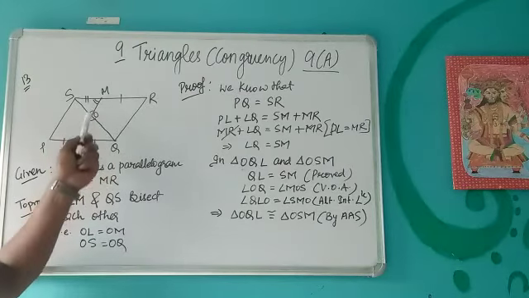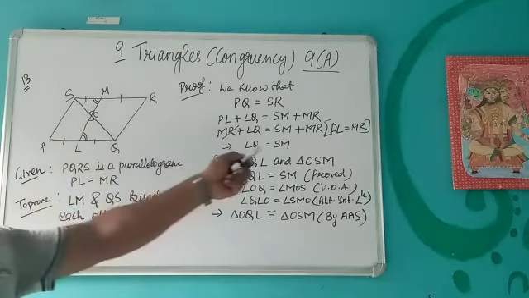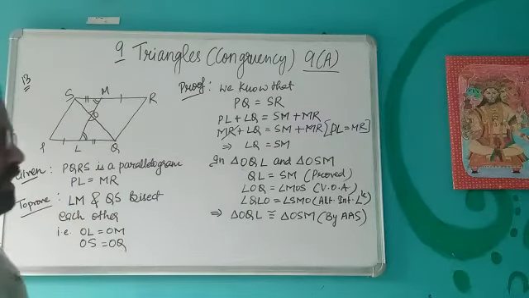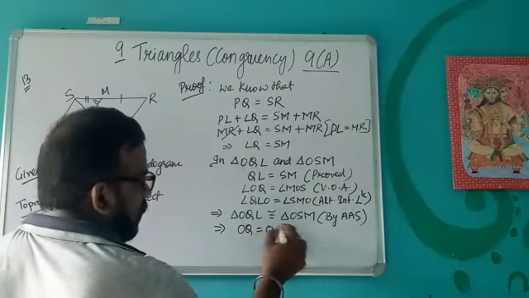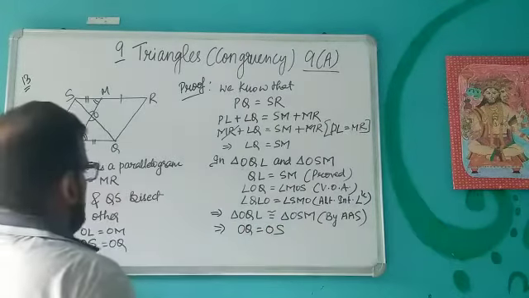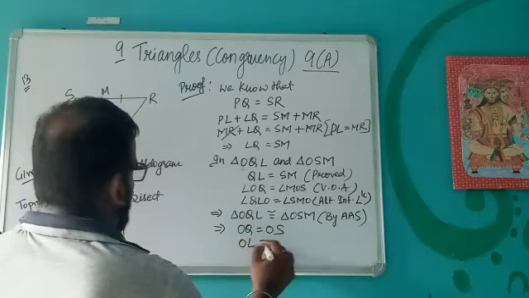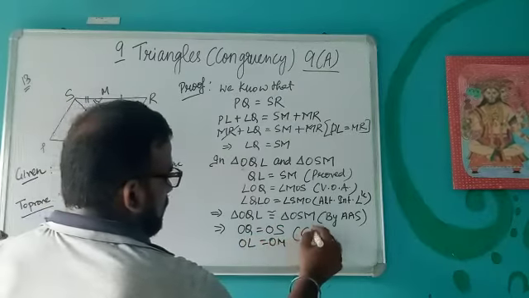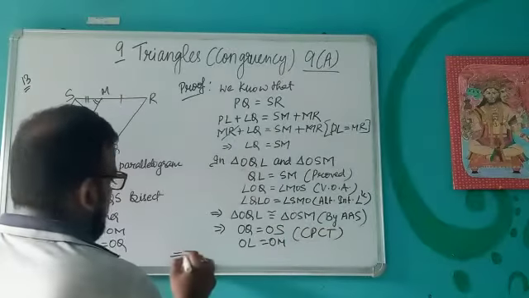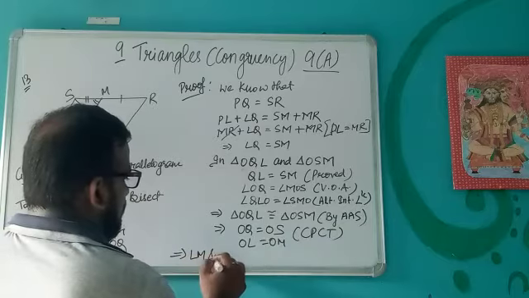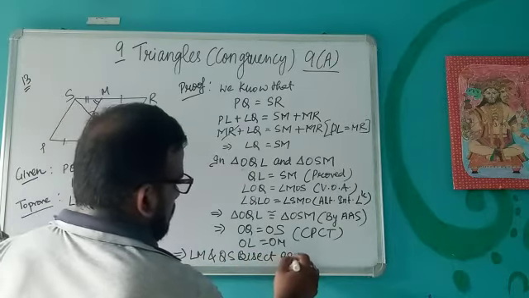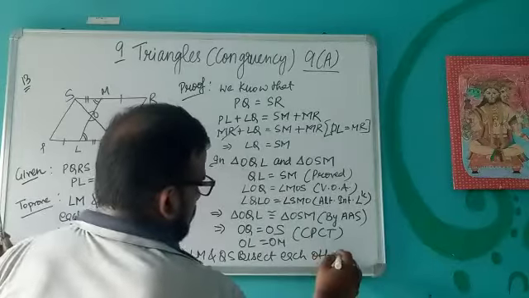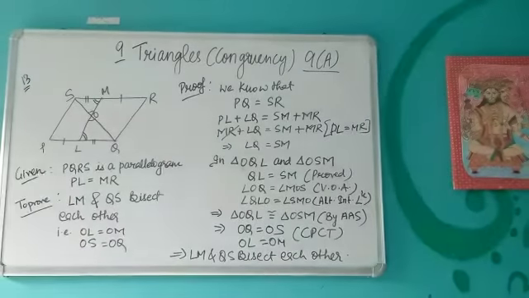These two are vertically opposite and these two we have proved as equal. So these two triangles are congruent. Now we can write OQ equal to OS and OL equal to OM by CPCT. That means LM and QS bisect each other. Okay, so this is the proof of this question.